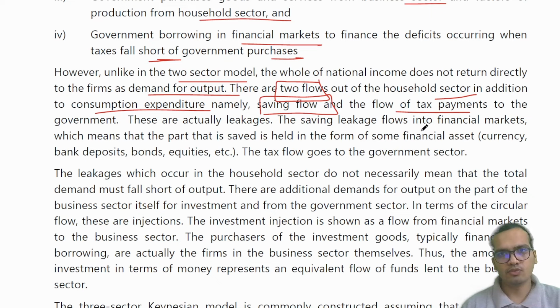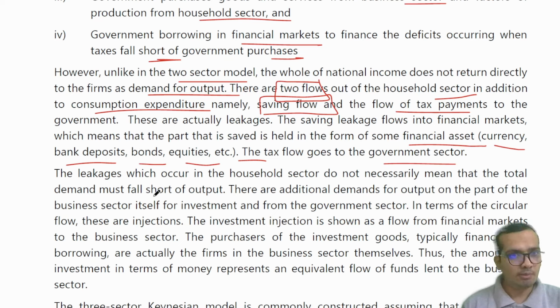The saving leakages flow into the financial market, which means that the part that is saved is held in the form of financial assets, say currency, bank deposits, bonds, equities, etc. The tax flow goes to the government sector. The leakage which occurs in the household sector does not necessarily mean that the total demand must fall short of output. There are additional demands for output on the part of the business sector itself for investment and from the government sector.